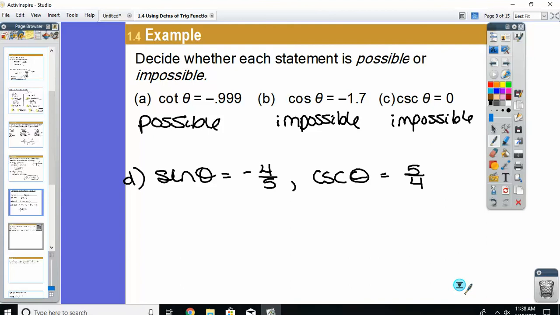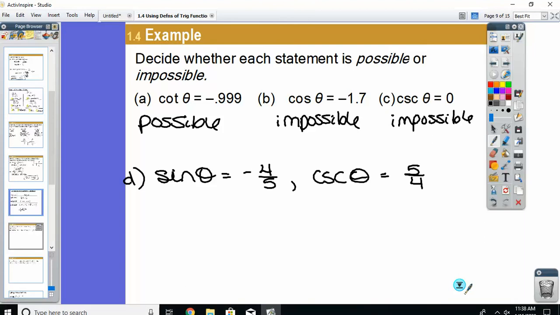Yes. Can cosecant equal 5/4? Why? Okay. Cosecant has to be bigger than 1 or smaller than -1. So the 5/4 itself isn't a problem. If that's all I gave you, can cosecant equal 5/4? Yes. But this is overall not possible.